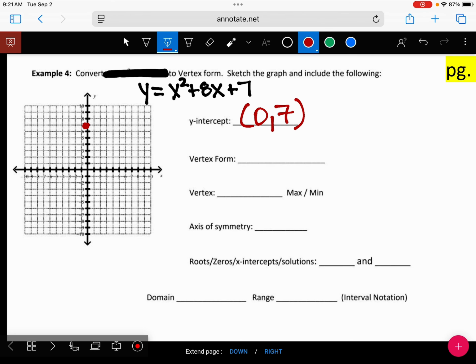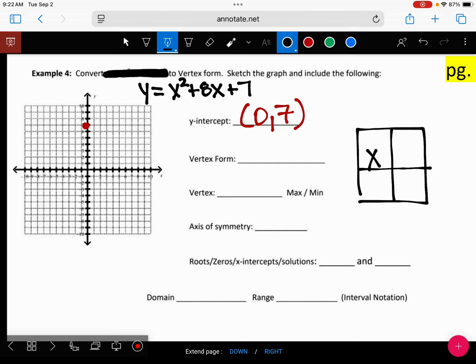Your vertex form, we have to make our box. X squared goes here. But then we have to take the 8 and cut it in half, which would be a 4x. And then the plus 7 is always in the back. So the biggest mistake that I saw a lot is that a lot of people put a plus 16 in the box and also behind the box.